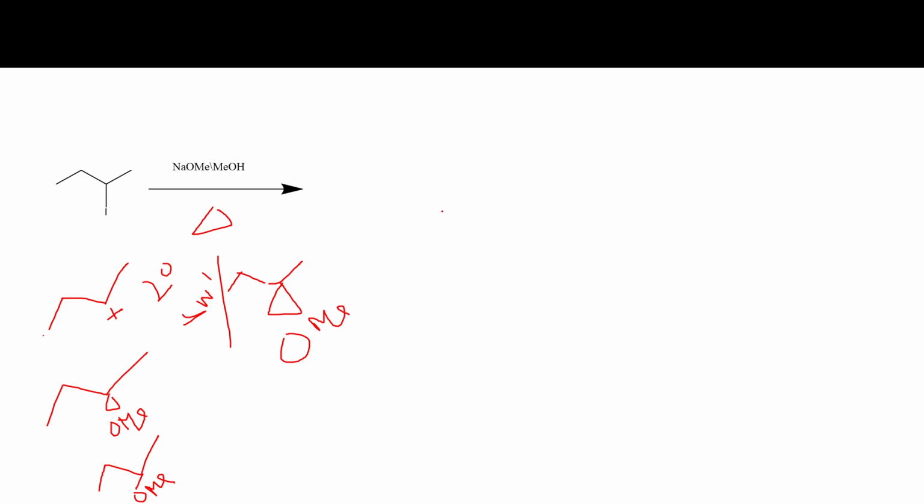This reaction is also probable for the E2 reaction. If they give E2, then this is the iodide and the hydrogen; this can be taken out, so the E2 product will be like this.